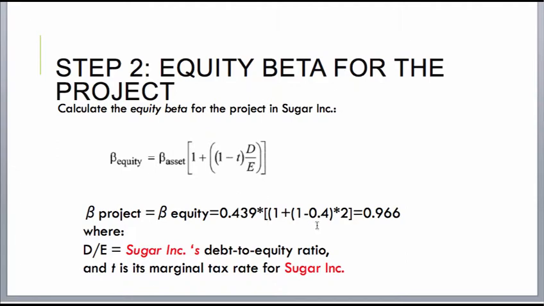Remember that the tax rate here must be the subject company's tax rate, which is 40%, and we use the subject company's D/E ratio, in this example Sugar Inc.'s D/E ratio of 2. Then we get the project beta of 0.966.